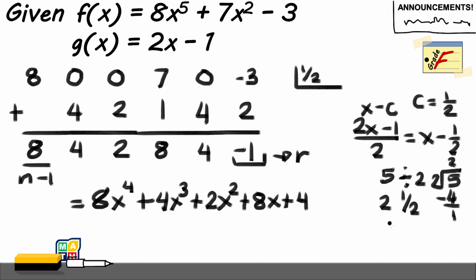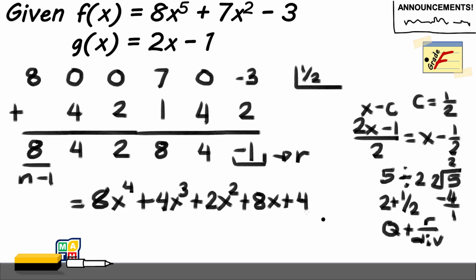This means that if we have a remainder, we could structure it like this: the quotient plus your remainder over your divisor. Why do we use plus? Because 2 and 1 half can be written as 2 plus 1 half. We already have our quotient here. And considering our remainder of negative 1, we need to place a certain expression here.